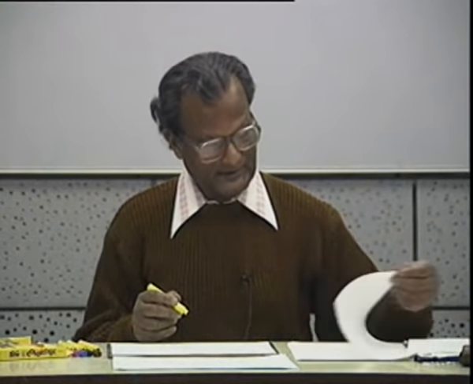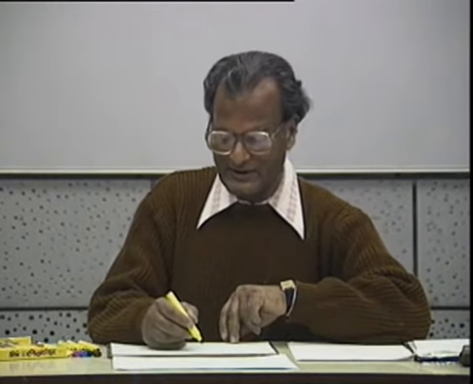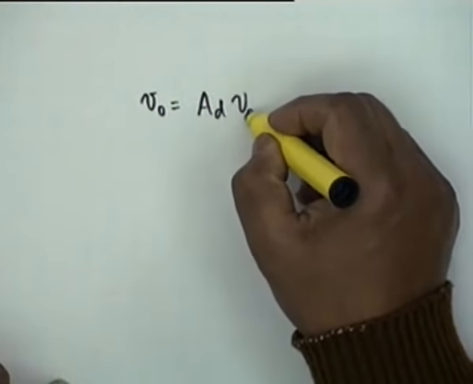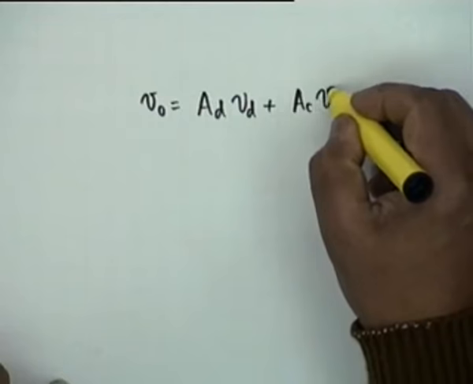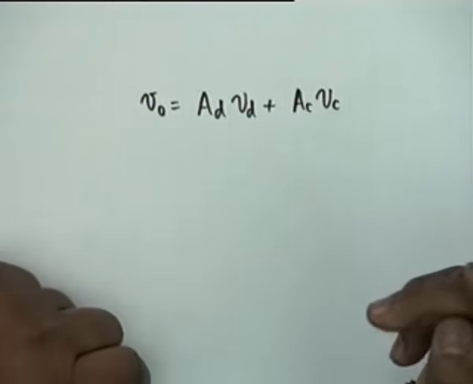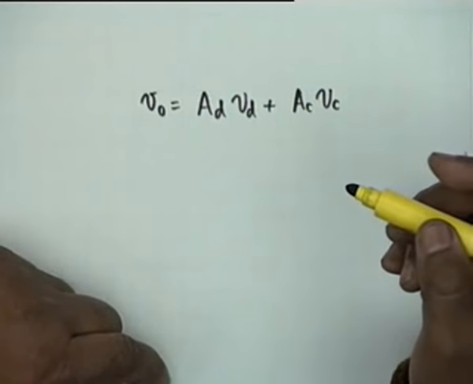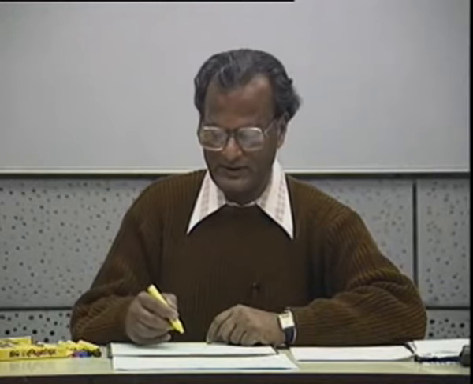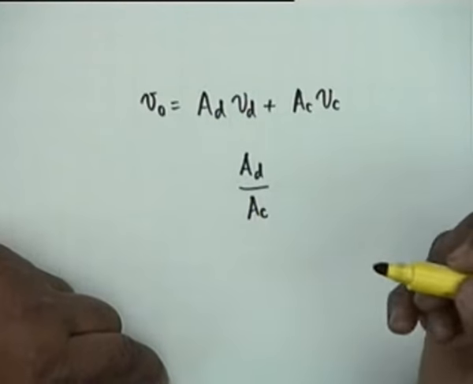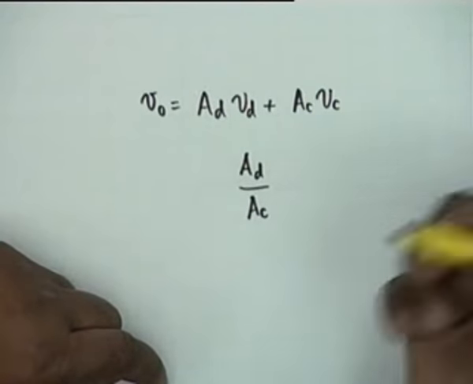Now, the desirability is, I have told you that the output is A sub D V sub D plus A sub C V sub C. Ideally we want A sub C to be equal to 0. So a measure of goodness of a differential amplifier is obtained as the ratio AD by AC, and if it is ideal then this ratio should be infinity.